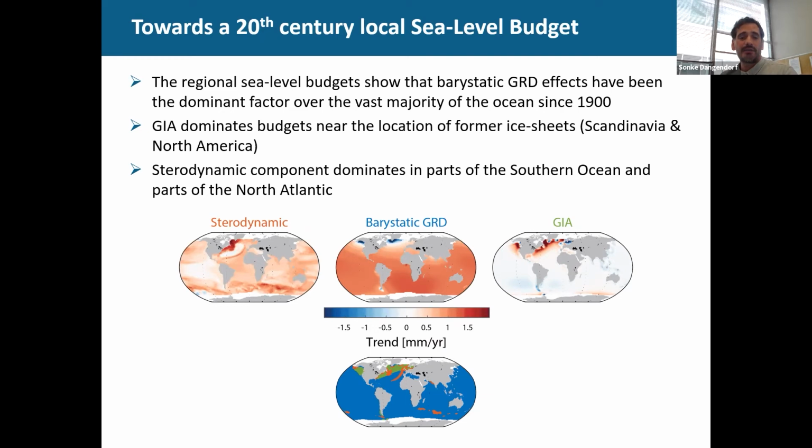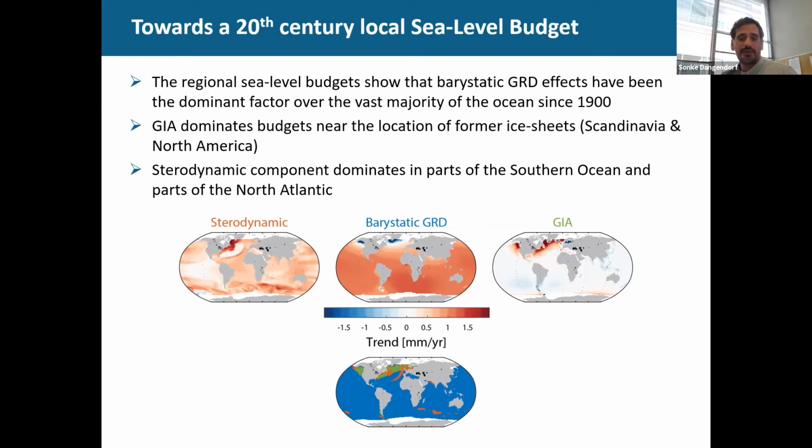In the upper part, you can see the three different budget components that we take into account in the Kalman Smoother. On the left side, the stereodynamic sea level changes. In the middle, the barystatic GRD effects. And on the right side, the glacial isostatic adjustment signal.